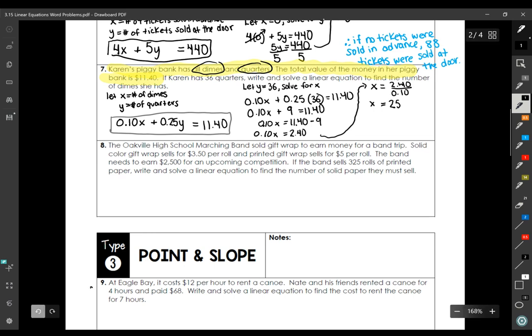Okay, 24 dimes. Therefore, Karen has 24 dimes in her piggy bank.